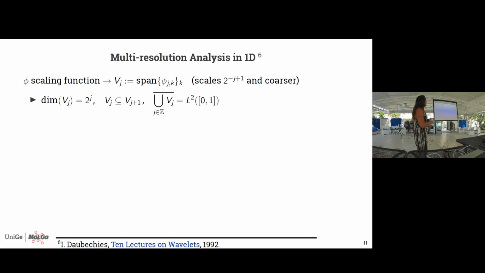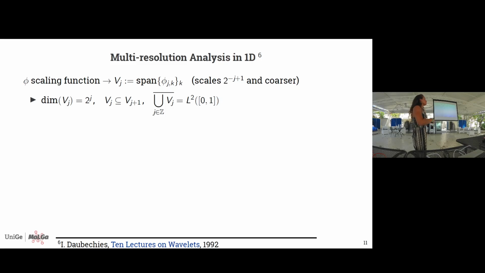As I said before, this analysis is useful to analyze the frequencies of a signal. Related to the function psi, we have this function phi, that I don't want to introduce, but it is called the scaling function. The spaces generated by the scaling function, varying the translation parameter k, are the spaces that contain all the functions with scale 2 to the minus j plus 1 and coarser.